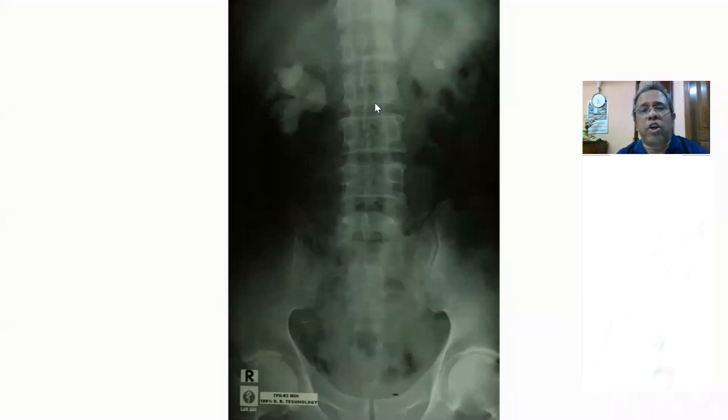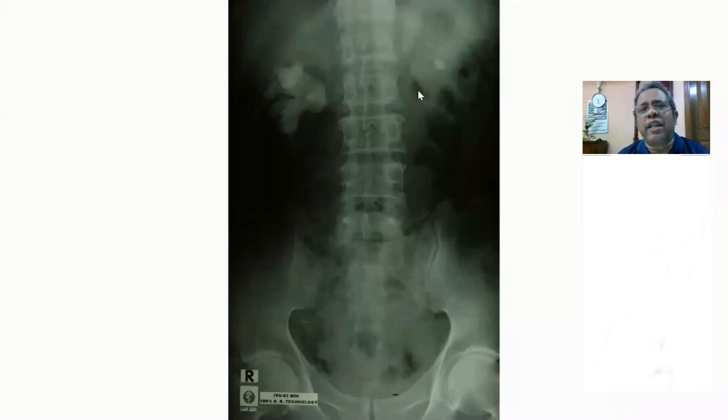So this plain X-ray KUB, we look at the picture, plain X-ray KUB region showing the kidney, ureter, and bladder regions. Showing there is a radiopaque shadow on the right renal region, which is staghorn in appearance on the right side.